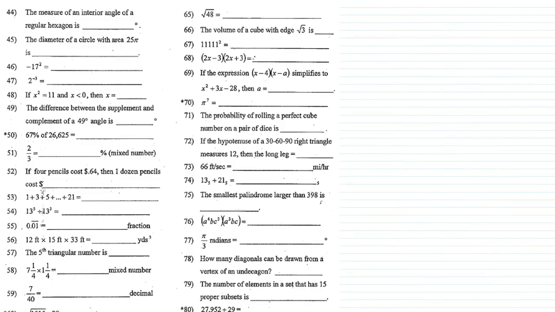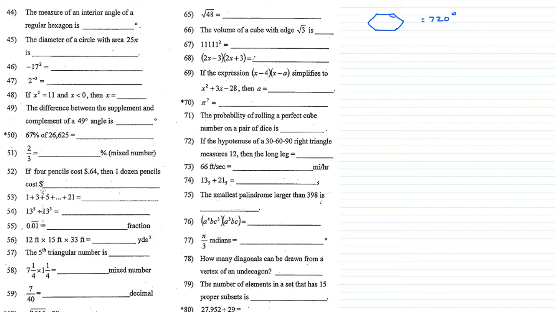Question 44. The measure of an interior angle of a regular hexagon is. So in a regular hexagon, all the angles are equal, and the sum of the angles inside a hexagon is equal to 720 degrees.